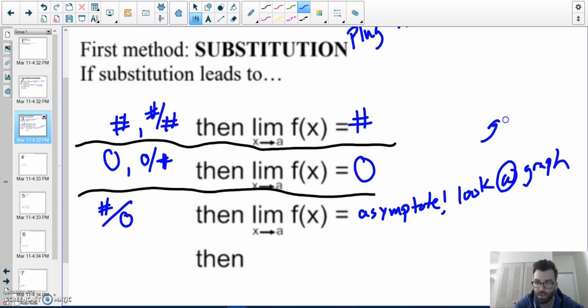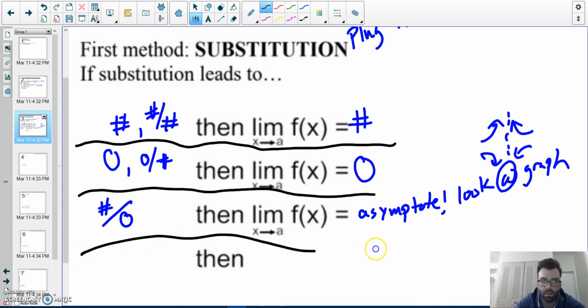My function could be going toward negative infinity, or positive infinity, or towards negative infinity from the right and the left. Those are the options here for a function. And we'll do one of those.